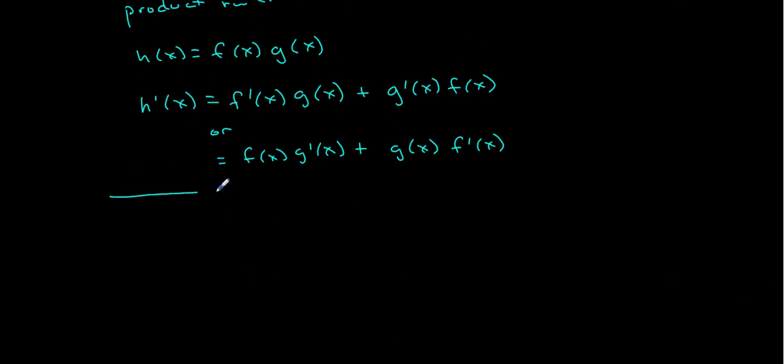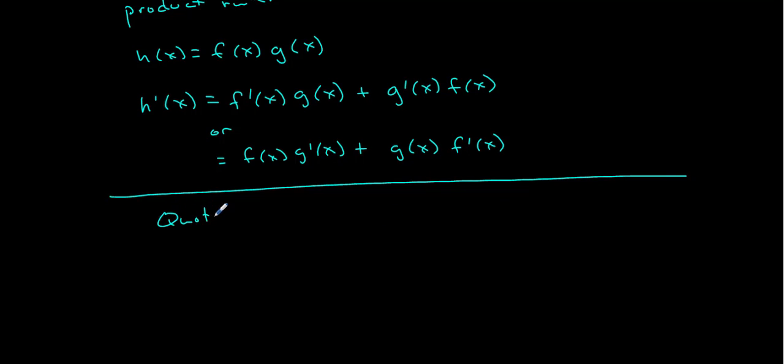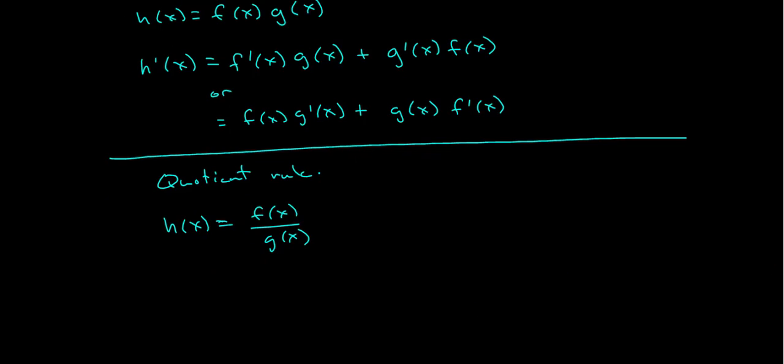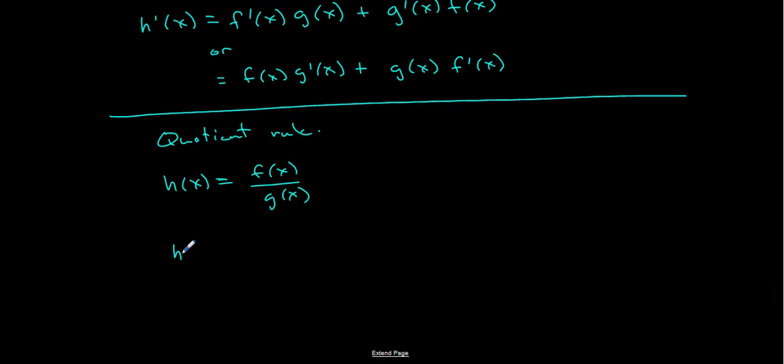What's the one after that? Quotient rule. Okay, say we have h of x equal to f of x over g of x. All right, what is h prime?